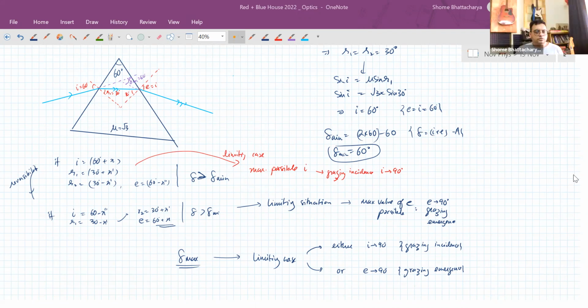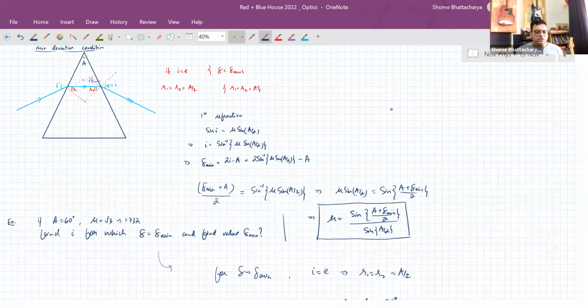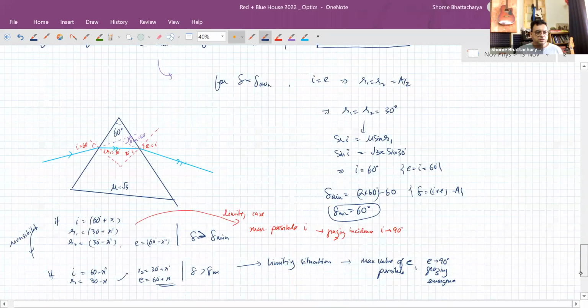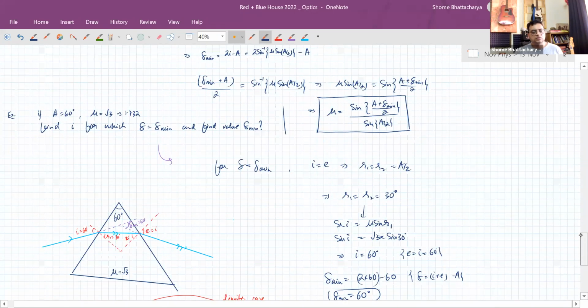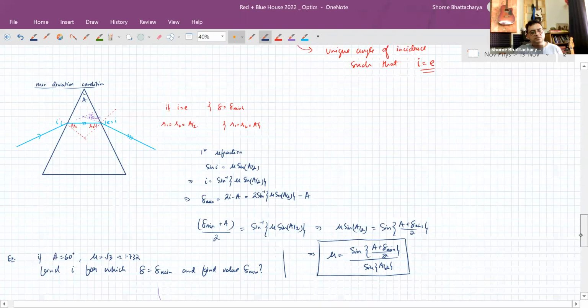Okay, so scrolling up. Acha, the minimum deviation condition, yeah. But that was the numerical example we did, na?